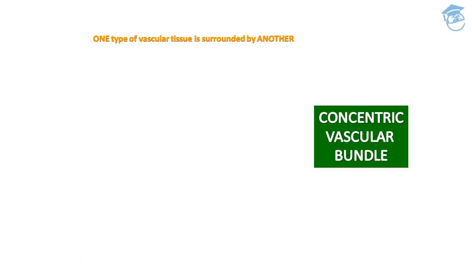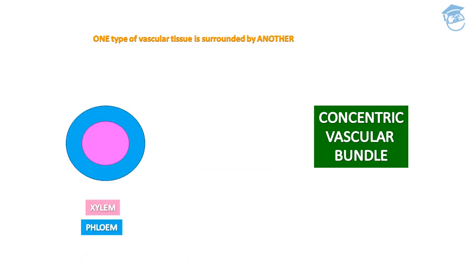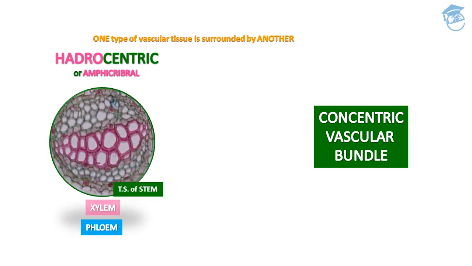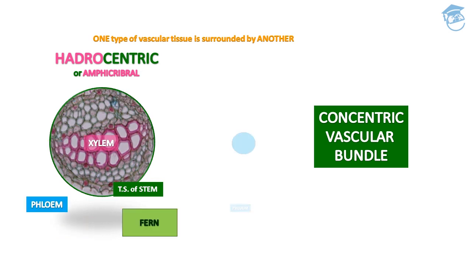Then comes the concentric vascular bundle, where one type of vascular tissue is surrounded by another. See, xylem is pink color and phloem is blue color, and when phloem is inside and xylem is outside, it is called amphicribral or hadrocentric, and it is seen in fern.